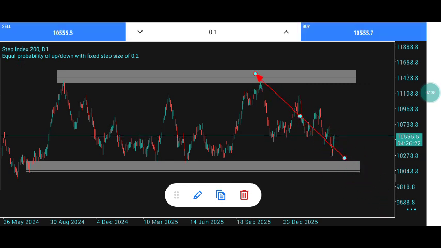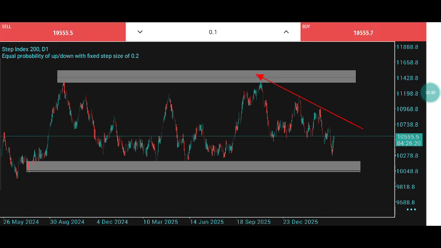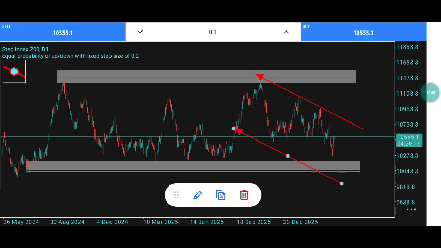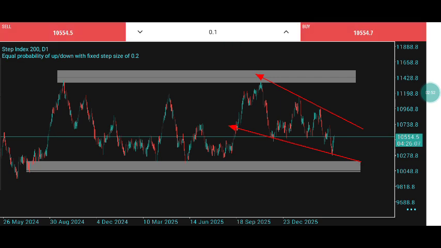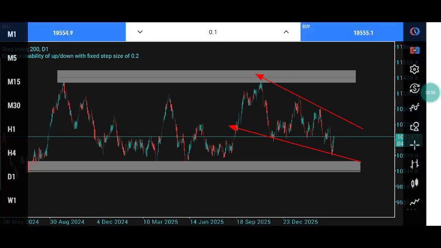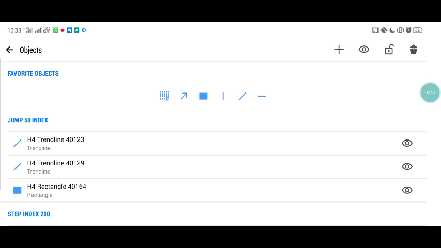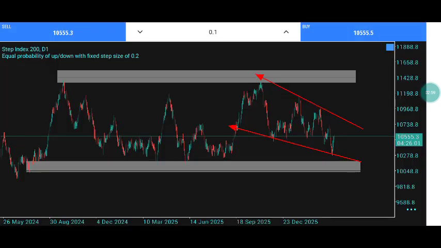But if you put your trend lines like this, you'll see it's forming a channel.